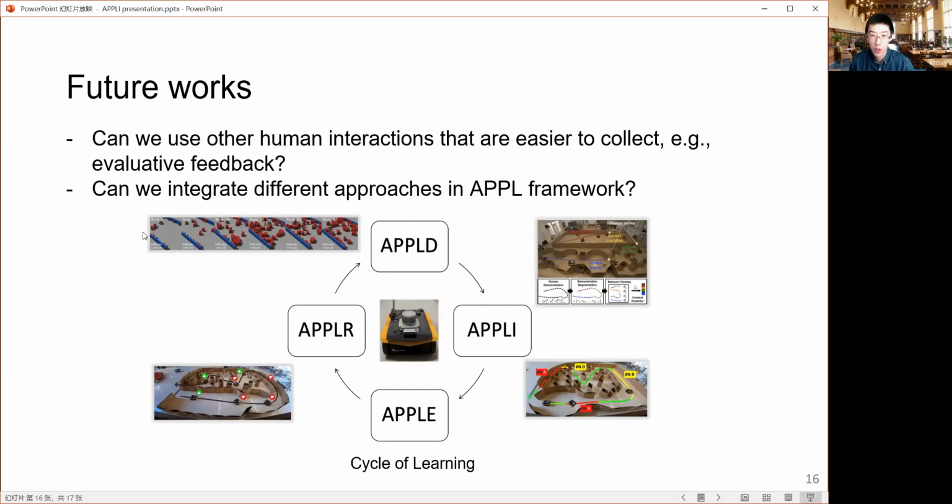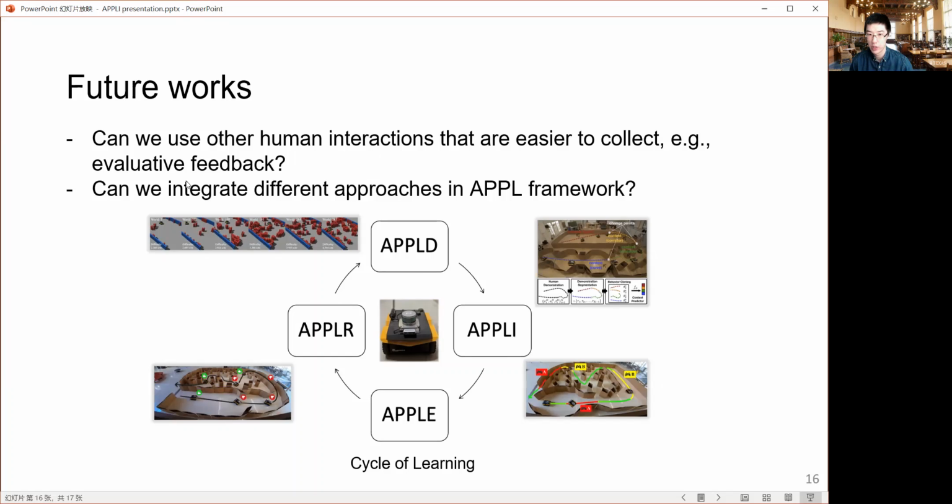Cool. So after seeing our method, 2 important future directions are listed here. The first one is, no matter whether it's APPLI or APPLI, which use demonstration or interventions, we require the human to control the robot. However, can we use some interaction modalities that are easier to collect?